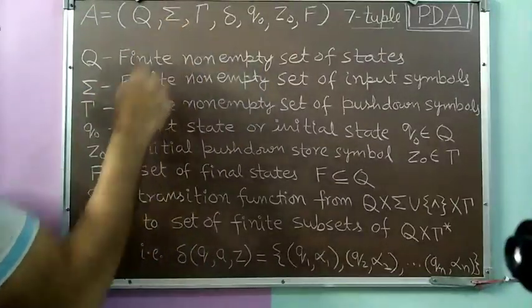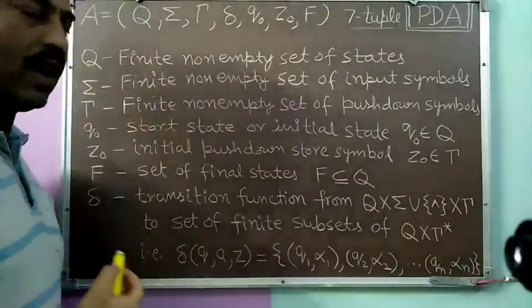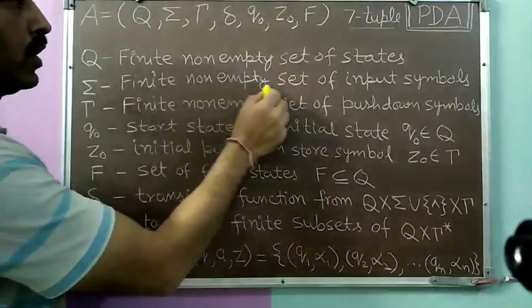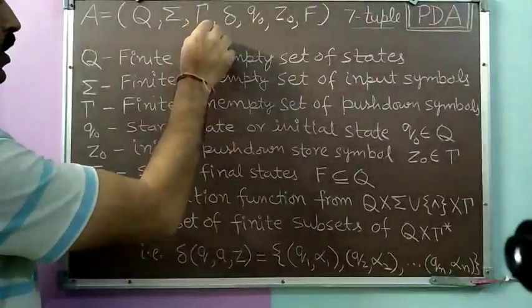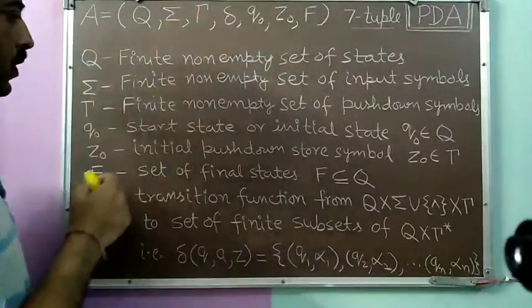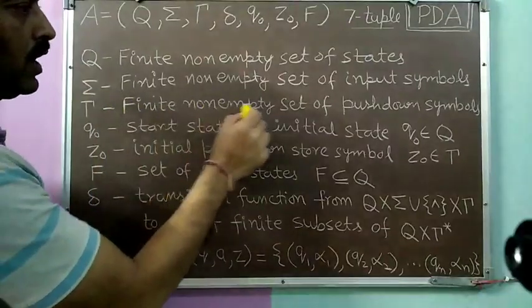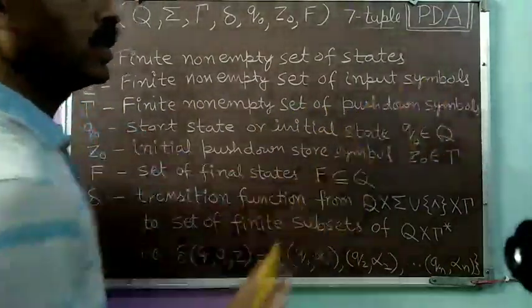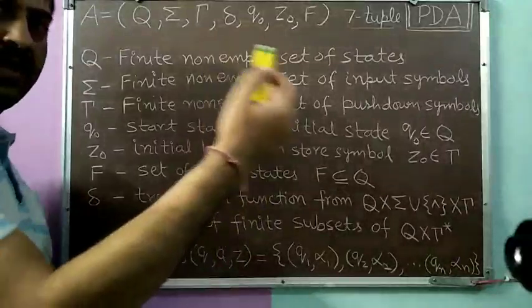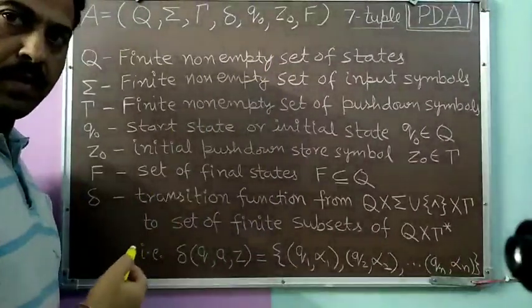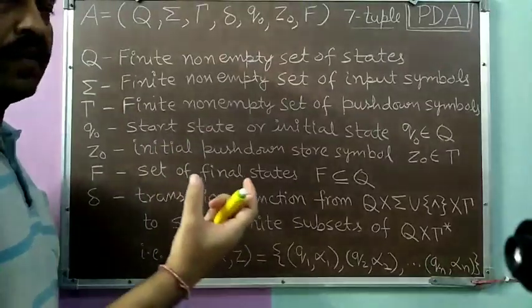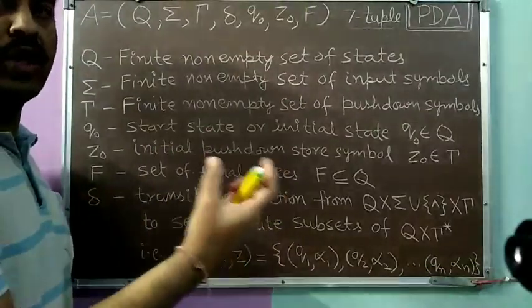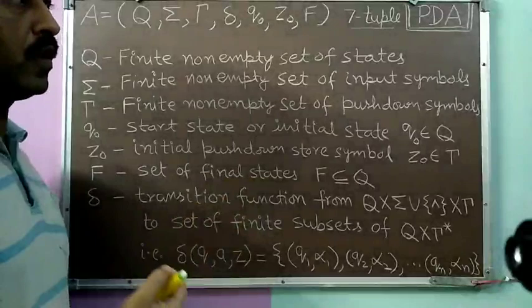Then sigma is also similar to the FA. It is a finite non-empty set of input symbols. Then comes the third one, rho. This is a finite non-empty set of push-down symbols. As we discussed in the model of PDA, we have an additional memory which we call the push down store, in the form of a stack.